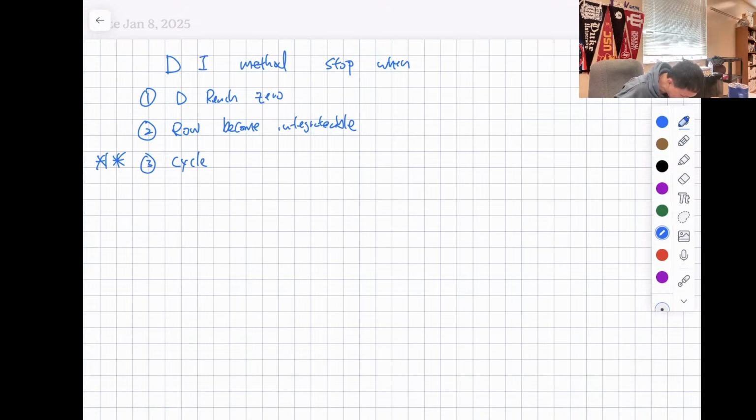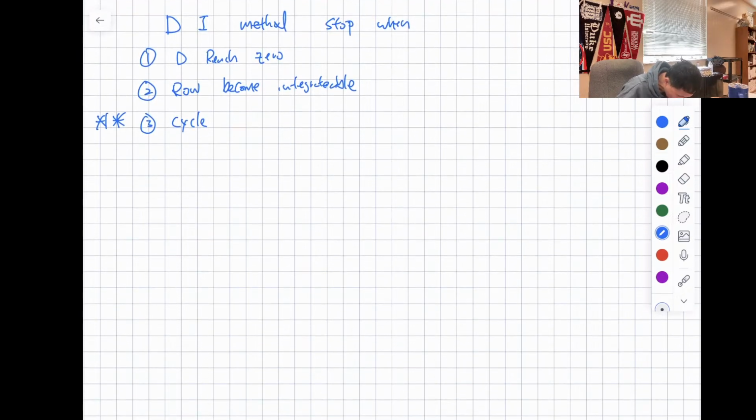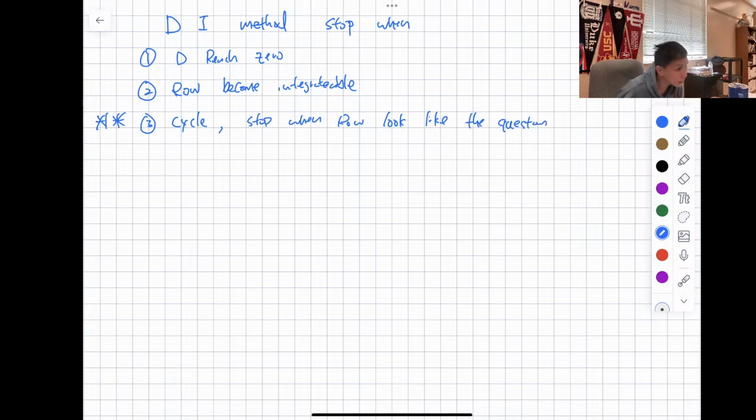So I'm going to show you one of the questions. You stop when it's a cycle, you stop when a row looks like the question. Okay, so I'm going to show you magic here.